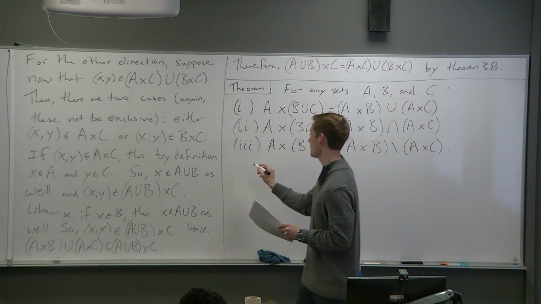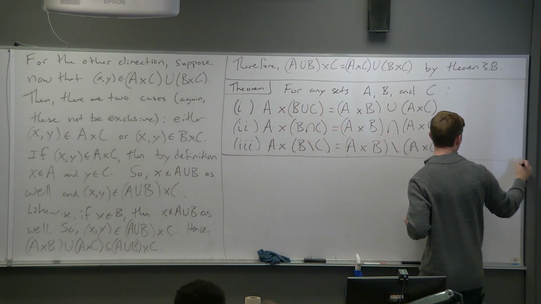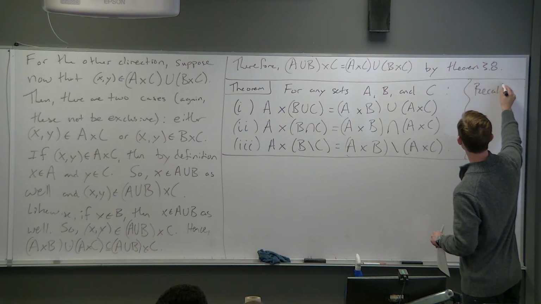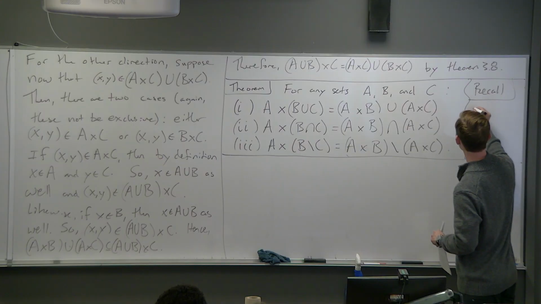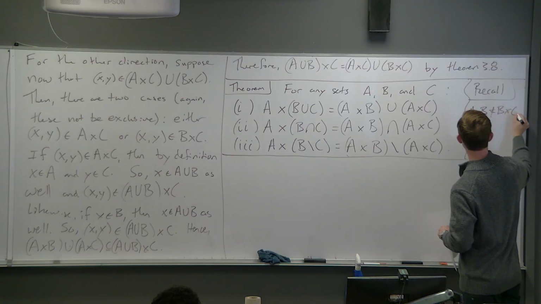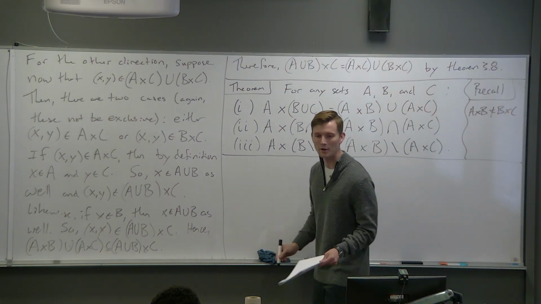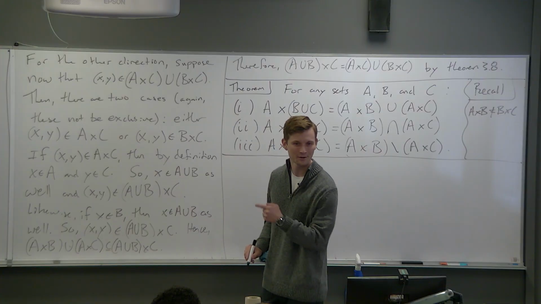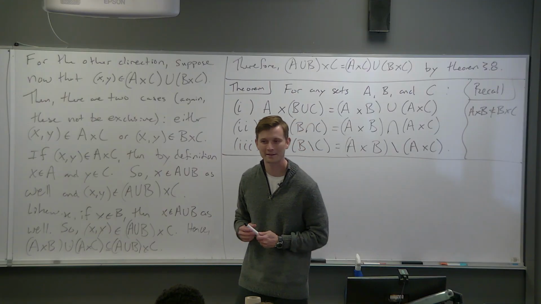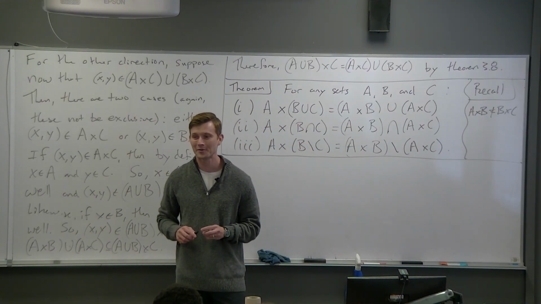That is, we would be remiss since, recall really quickly, A cross B is not equal to B cross A. We would be totally remiss to only give the previous result for unions, intersections, and set minuses in the first slot, right?